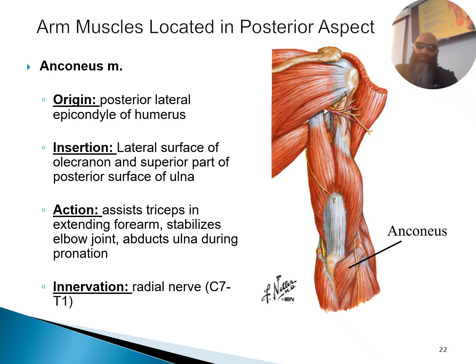All right, so Anconeus. He's over here. He's a little guy, he's short, and kind of comes out at a 45-degree angle. So he's a little helper. He helps the triceps extend the forearm, provides some synergistic qualities to the elbow joint when it's in motion, and it also helps with pronation.